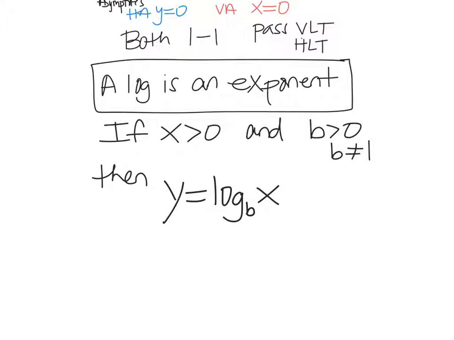Sometimes I'll just say log base b of x because that's the way we write it. If and only if. Do you know if and only if? We abbreviate it as iff. Some things are just if, like it's this, if, that. That means it only goes one way. If and only if means you can go that way and this way. You can come back. So it's the log if and only if b to the y equals x.